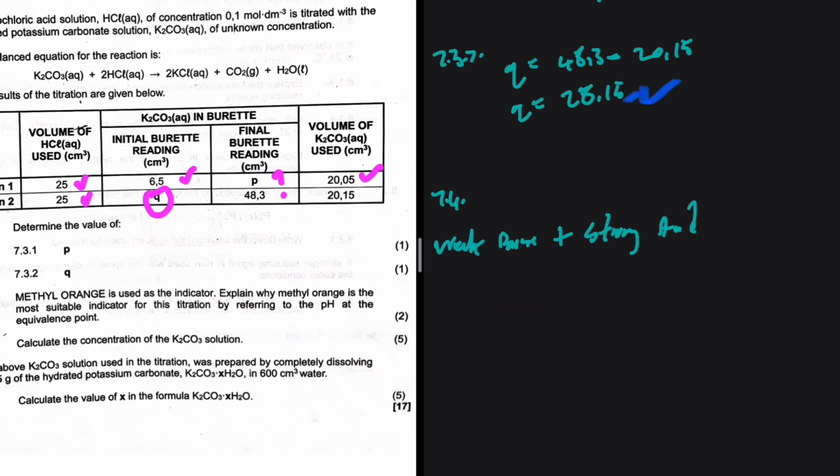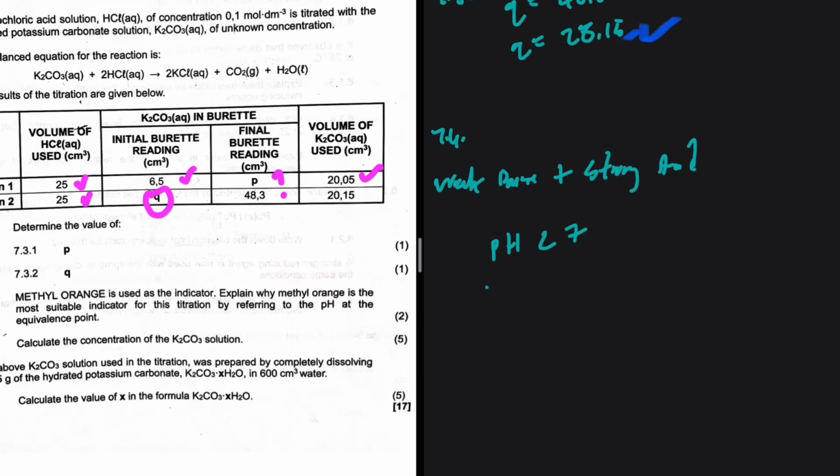At the equivalence point the pH should be less than 7, around 3 to 5. This should be the range of the pH at the equivalence point, and we know that methyl orange changes color along that range. That's why we use it to determine the equivalence point when we have a reaction between a weak base and a strong acid.